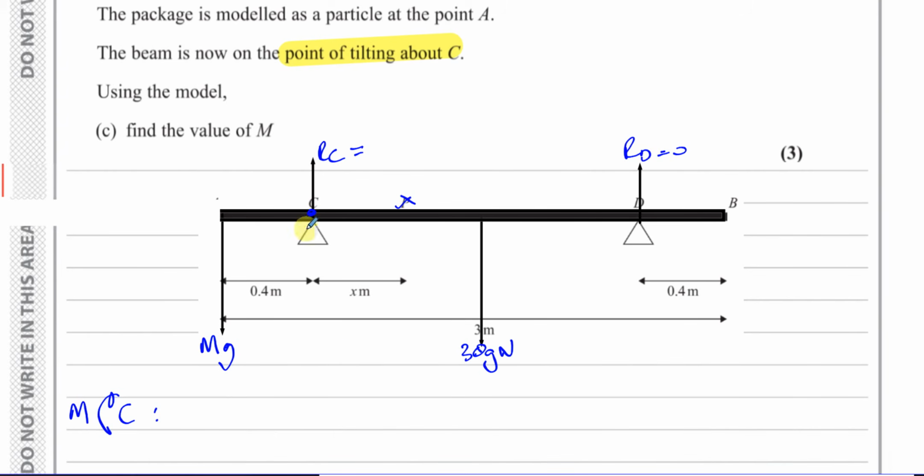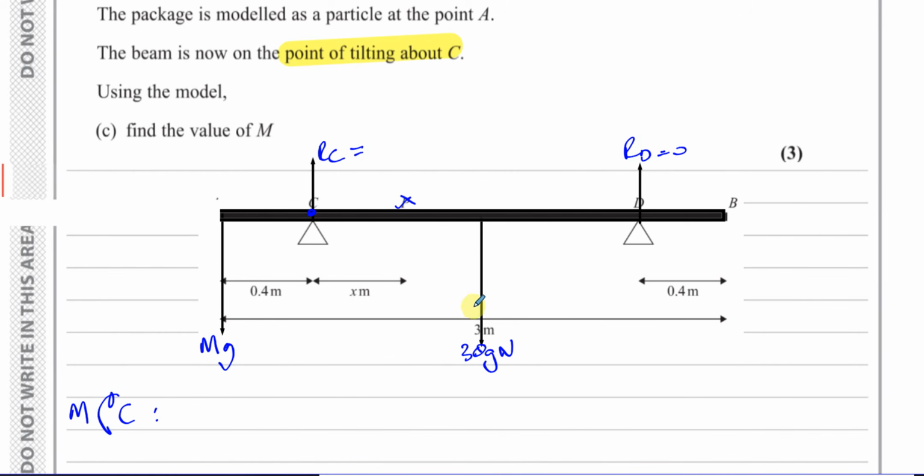Then I can say the clockwise moments and the anti-clockwise moments are the same, and there's no moment given by this force because this force is 0 now. There's no reaction force at D because it's just about to lift off from D, on the point of tilting about C. So the only forces acting now are these two that we have to worry about. We don't have to worry about the reaction force at C because we're taking moments about C.